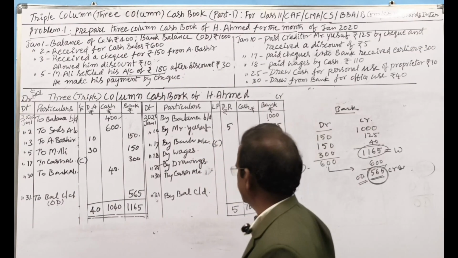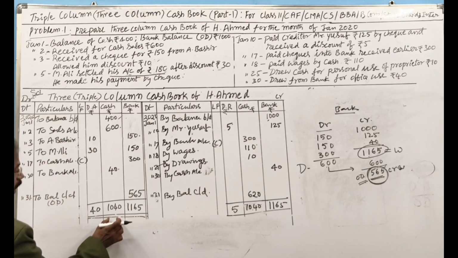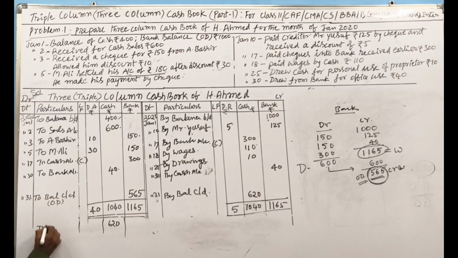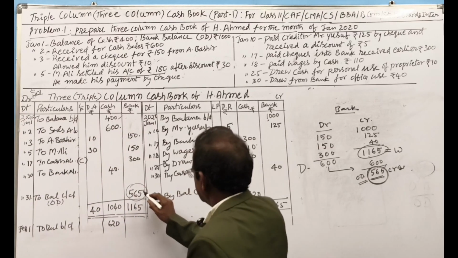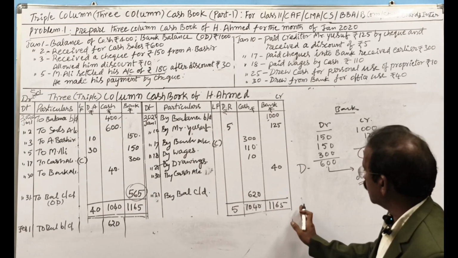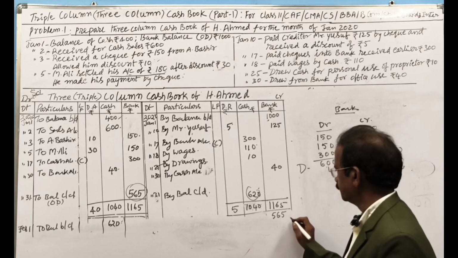Now, after doing this, the balance is to be recorded on the debit side of the cash column, 620. Here you should write to balance brought down. The date is the next month 1st. What is the next month? February. February 1st. And here, this amount should be brought down onto the credit side. 565.